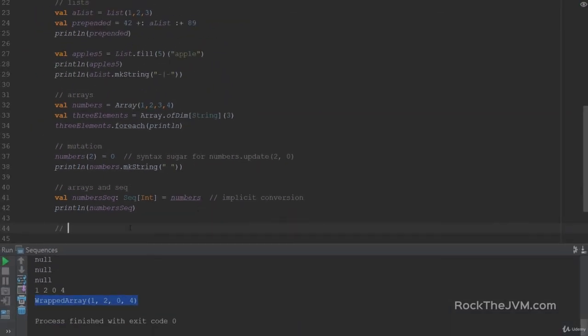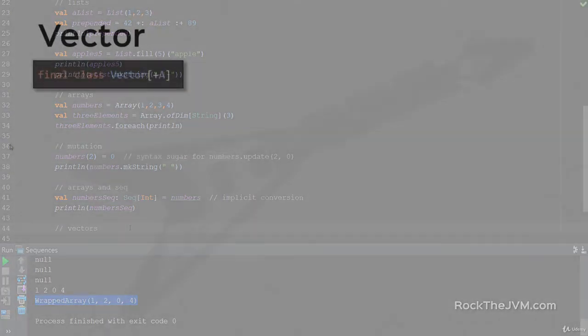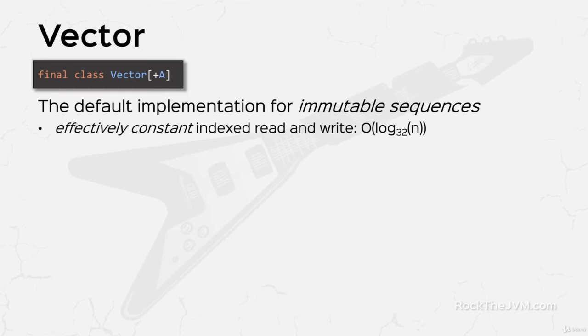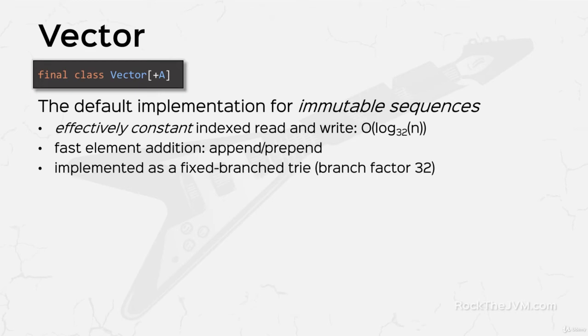Next thing that I want to talk about is vectors. Now, vector is basically in its own world, and it's the default implementation for immutable sequences because it's very efficient. It offers effectively constant time for read and write. It's a very slow-growing logarithmic. It offers fast element addition for append and prepend, and it's implemented as a fixed branch trie with a branch factor of 32.